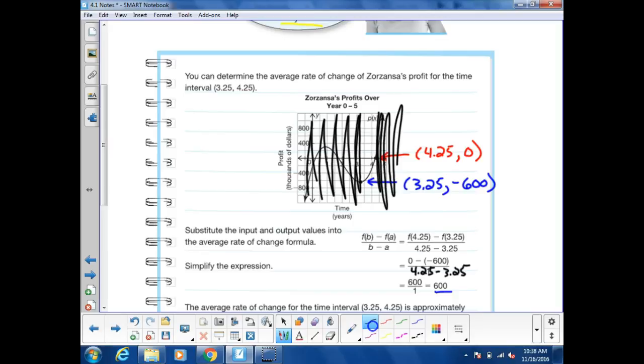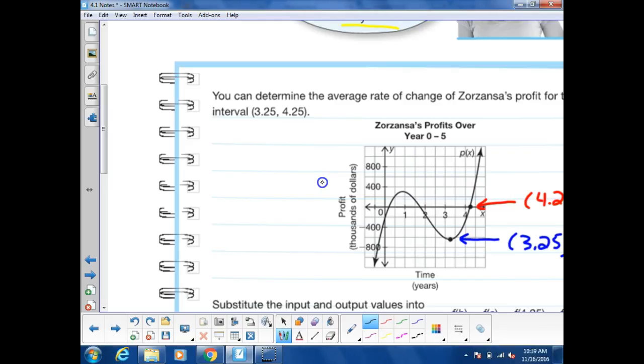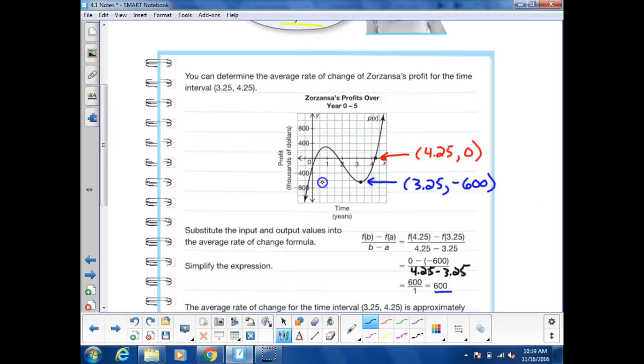You're not looking at anything else in regards to the function. You're just looking at that point right there. Okay? So we're below the x-axis. Why is it positive? What's increasing?